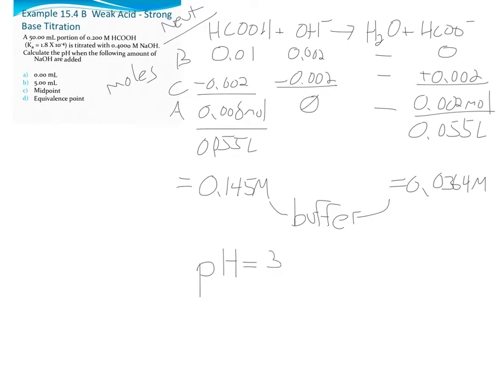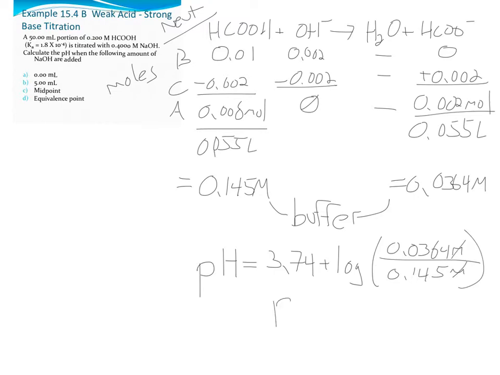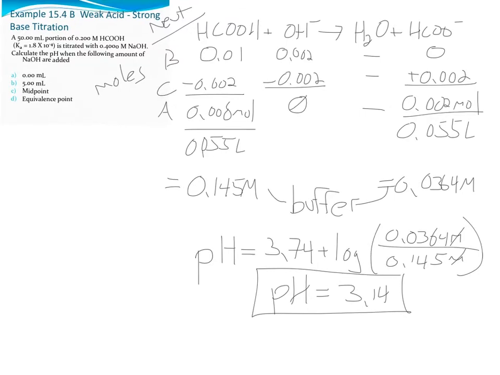So my pKa for this, negative log of the Ka, 3.74, plus log of the base over the acid, products over reactants, 0.0364 molar over 0.145 molar. That's going to give me a pH here of 3.14. So we added some sodium hydroxide, but the pH didn't change too much. If we continue on here, we'll stay on the same page.